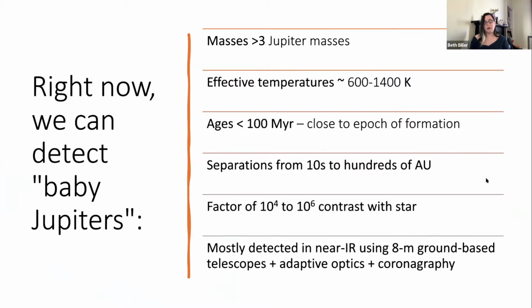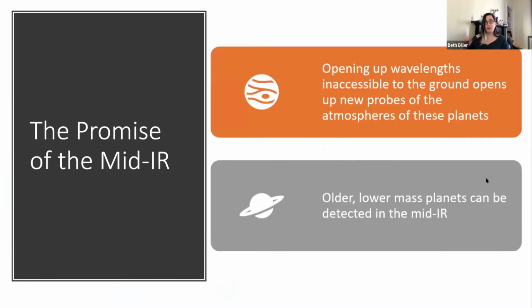But moving to longer wavelengths is going to be really key in terms of scientific return for these planets and lower mass planets. This hasn't been done so much from the ground, certainly not beyond 5 microns, because of the general problem of the sky glowing at those wavelengths.